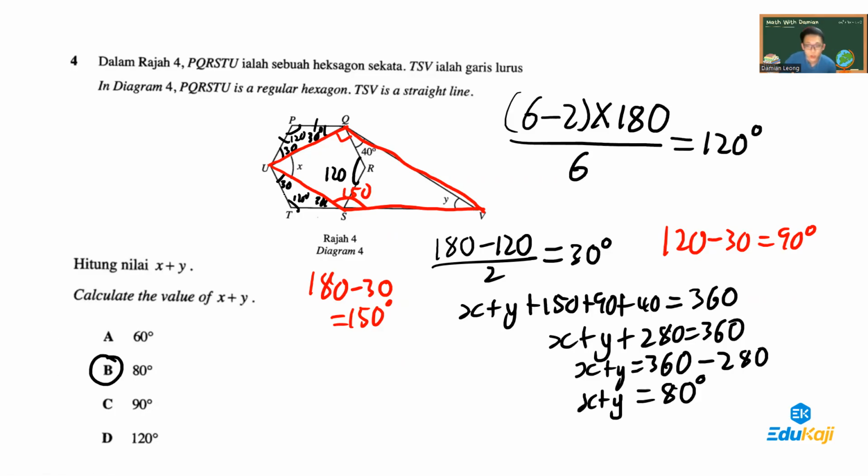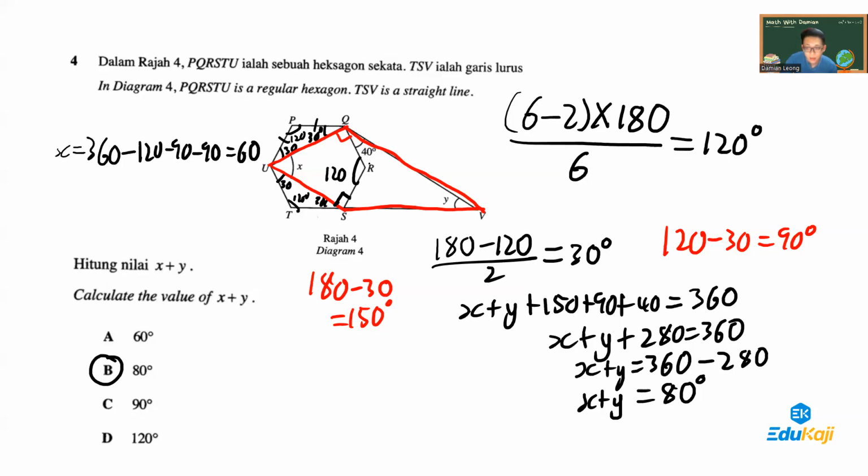If you want to find x and y separately, you can as well. You have to find here, which is 120 minus 30, so here is 90. So 360 minus 120 minus 90 minus 90 is 60. Yeah, that's the x.